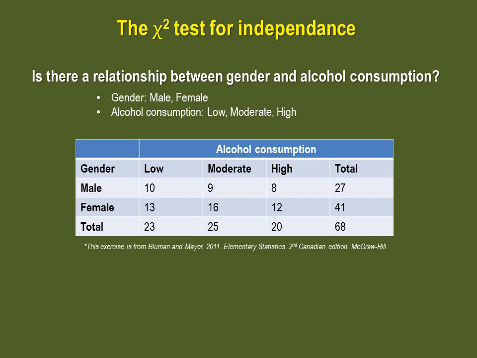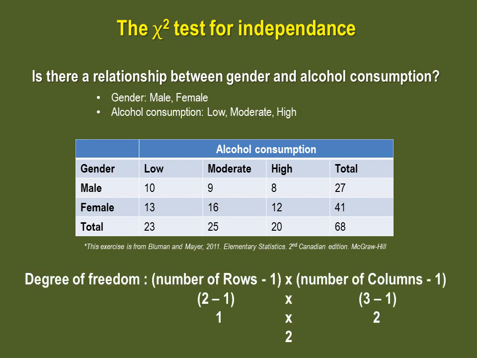So each table of contingency has a given degree of freedom, which is calculated by multiplying the number of rows minus 1 times the number of columns minus 1. It's important to note that the number of rows and columns refer to columns and rows that hold original values, not the totals or the headings. As such, the degree of freedom for this table is 2 rows minus 1 times 3 columns minus 1 for a degree of freedom of 2.